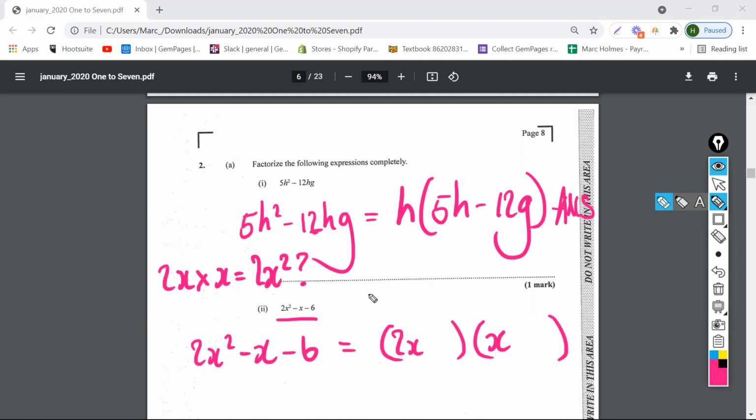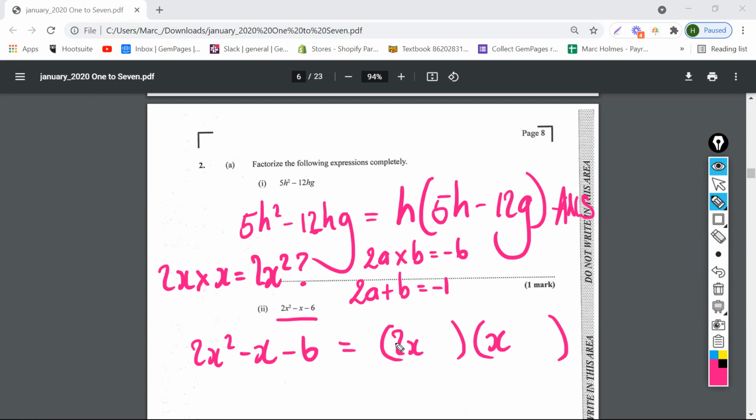Now I need to say 2 times one of the numbers plus the other number should give me the -1, and 2 times one of the numbers times the other number should give me the -6. That's how I tend to solve these, guys. There are other ways to solve these as well, but I like to solve these this way.